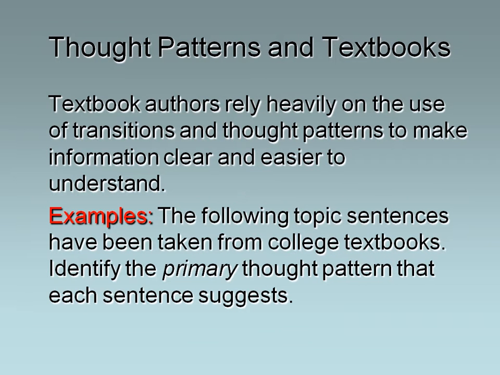Textbook authors rely heavily on the use of transitions and thought patterns to make information clear and easier to understand. Now we will look at 3 topic sentences that have been taken from college textbooks, and you will be asked to identify the primary thought pattern that each sentence suggests.